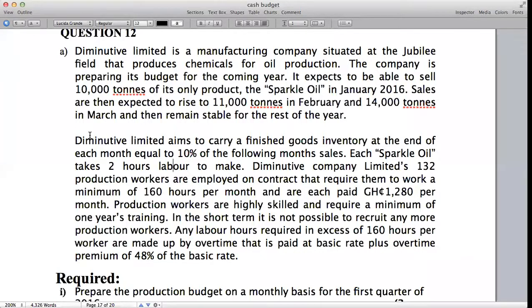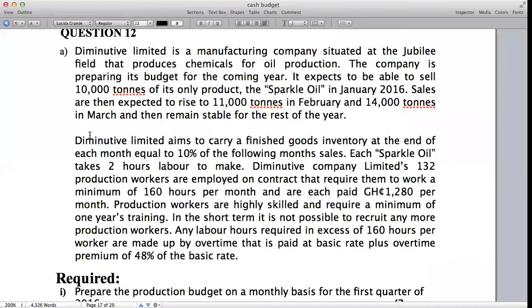Unity Company Limited's 132 production workers are employed on contract. Good. Anytime you see that they've employed them on contract, it means that they have a guaranteed minimum hours. So that is it.